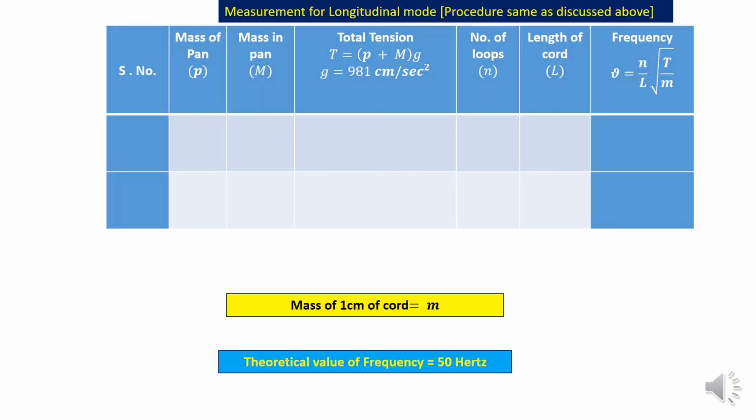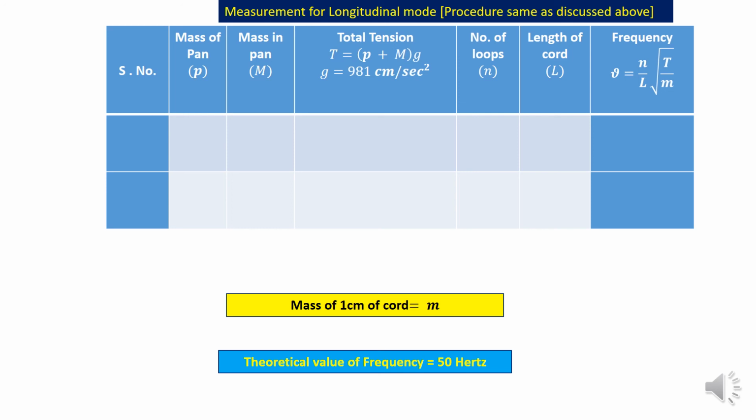Everything else is the same. The table made will also be the same, like the mass of the pan, which is a constant quantity. The mass in the pan we can vary. If you add, then multiply by g. What is g? 981. We have written it here. The number of loops we will calculate. Then the length of the thread between the pulley and the vibrator we can note.